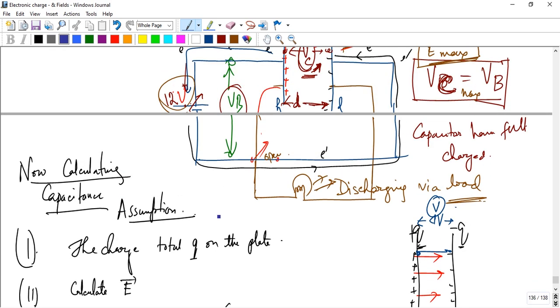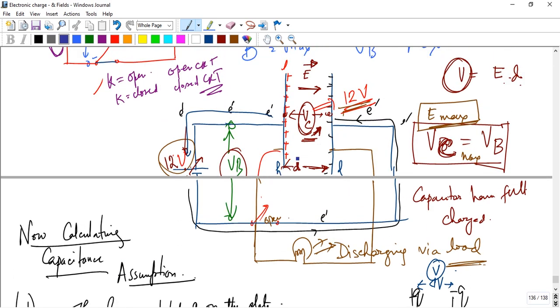The same assumption is taken here. The plus plate H means the equipotential surface.